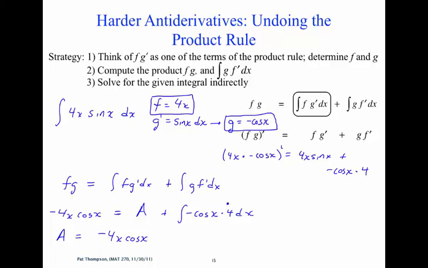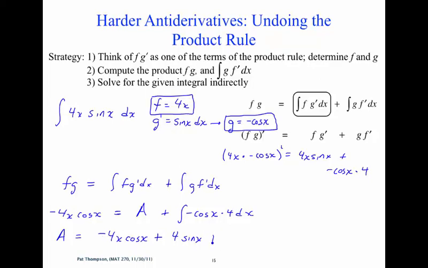So minus, this is going to be minus a minus, so it'll be plus, right? And then what is the antiderivative of 4 cosine x? That should be easy: 4 sine x. The reason the minus sign went away is because we're subtracting, right? A equals this thing minus this thing. So that's why the negative went away.